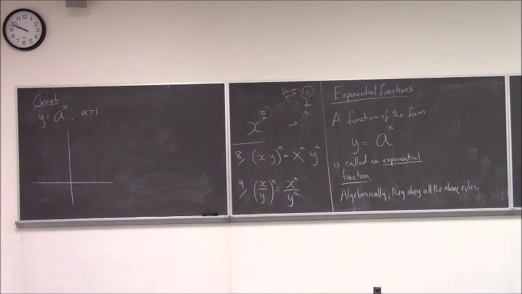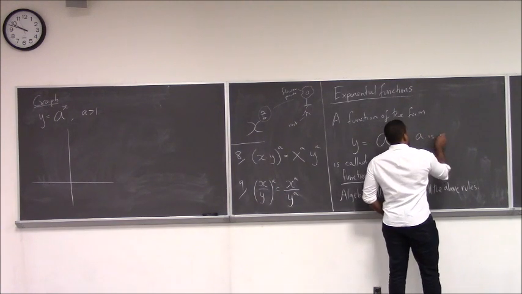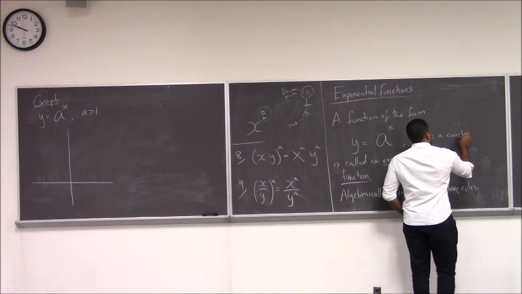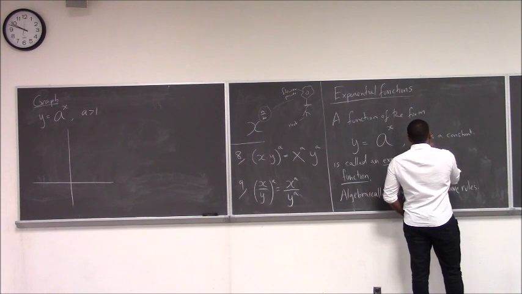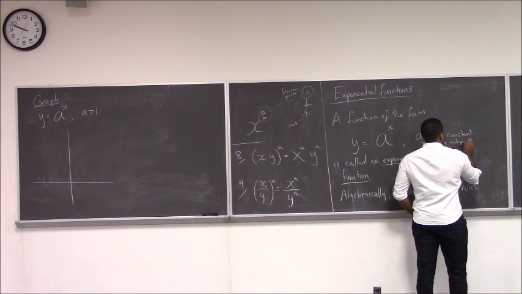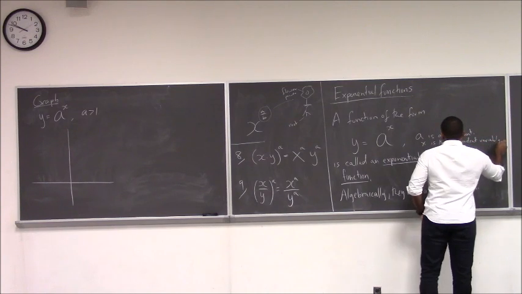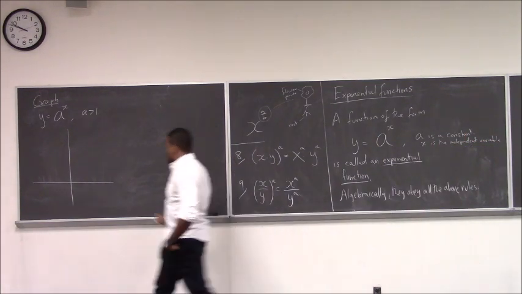Okay. So if you were to graph something like that, let me make sure you know here, a is a constant. X is the independent variable. That's important to know. So let's say we're graphing this on the xy plane.